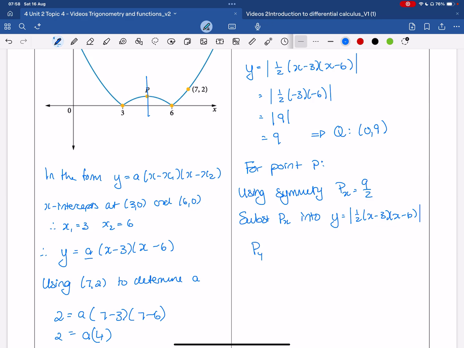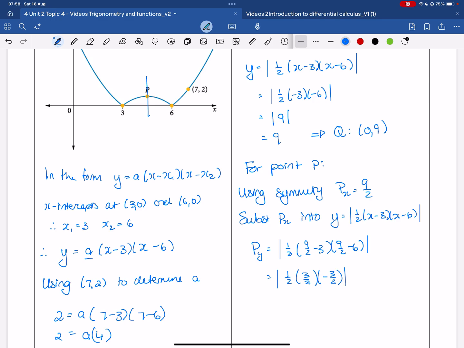Okay, so P of y will be the absolute value of a half (9 over 2 minus 3)(9 over 2 minus 6). So 4.5 minus 3 is 1.5, and 4.5 minus 6 is negative 1.5.